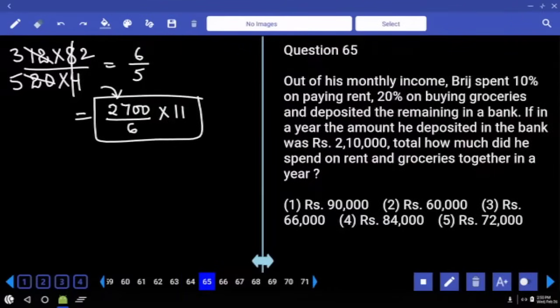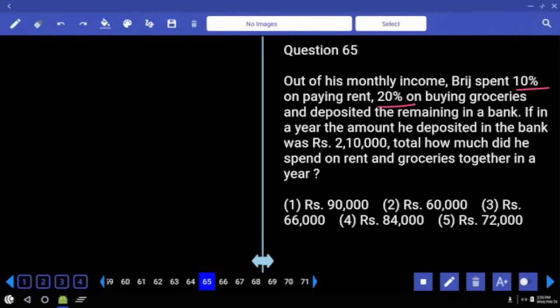Out of his monthly salary, Bridge spends 10% on paying rent, 20% on buying groceries, and deposited the remaining in a bank. So far 10%, 20% over, remaining 70%. If in a year the amount he deposited in a bank was 2,10,000, I'll write 210.